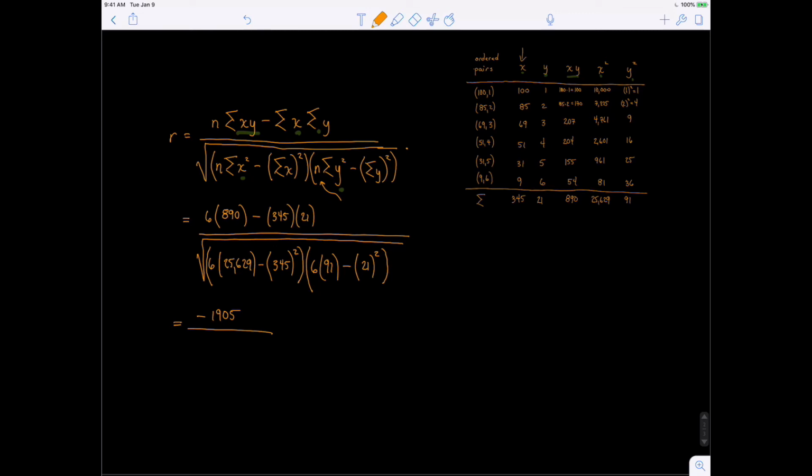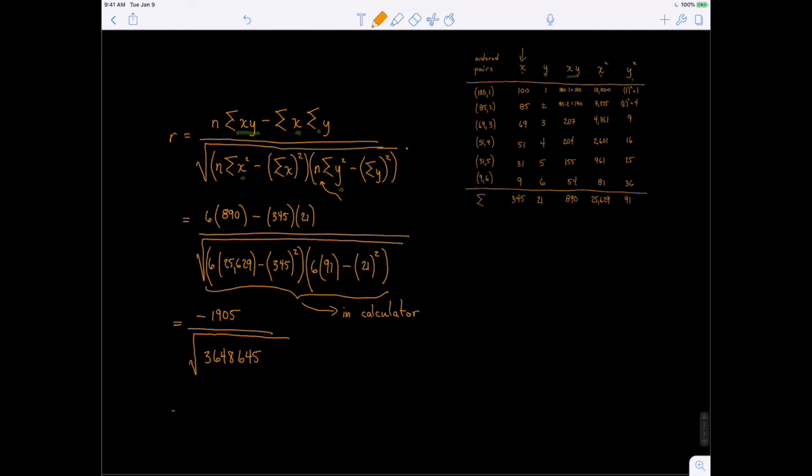Type exactly what's inside the square root into your calculator. What you're going to find is that this simplifies to the square root of a big number, 3,648,645.